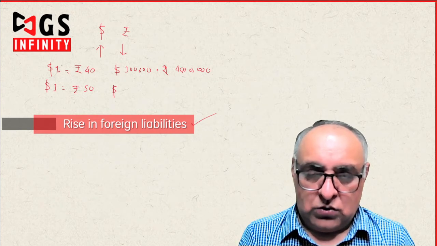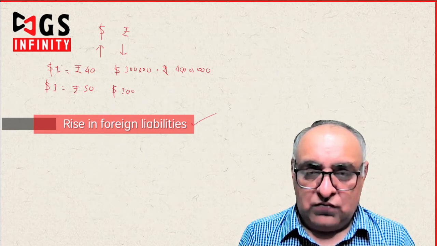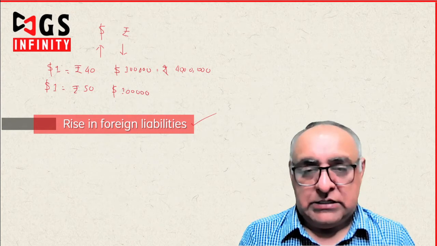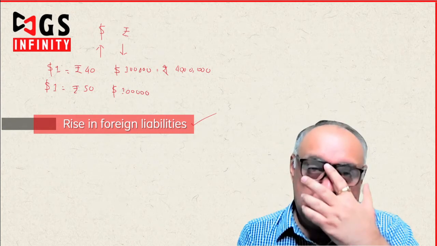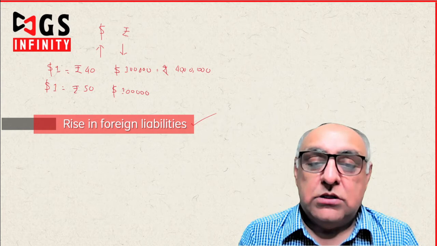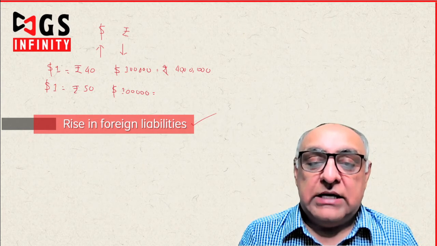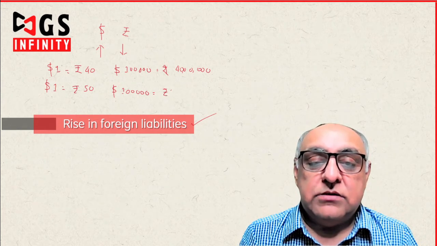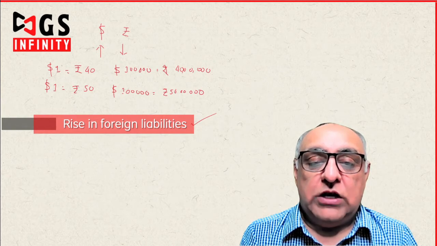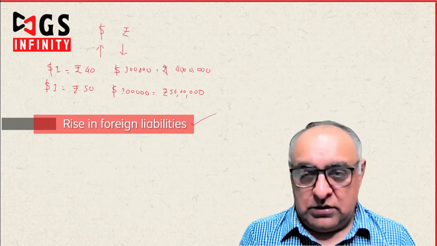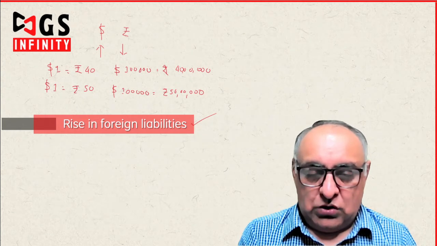Okay, so now the principal amount which India has borrowed from the international market, which is 1 lakh US dollars, that liability has increased to rupees 50 lakh only due to the fall in the Indian rupee, or depreciation of the Indian rupee.